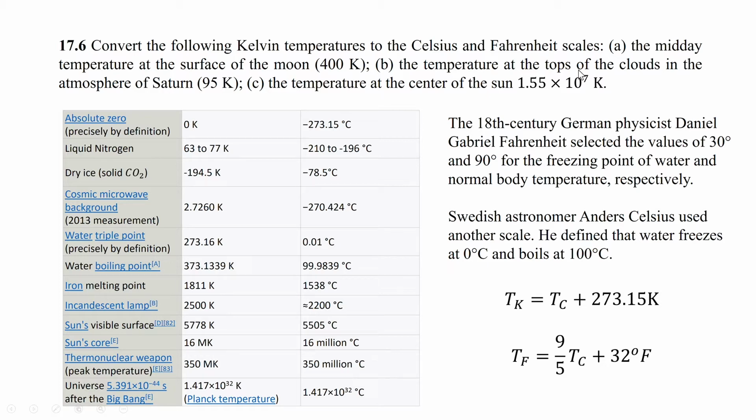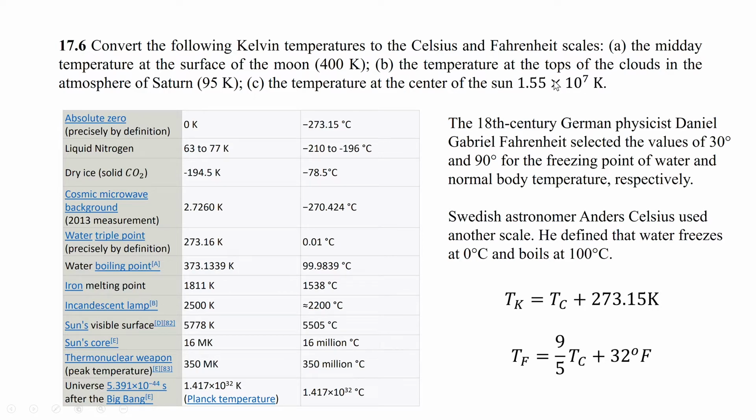And there are three parts. The first part is that we are going to convert 400K to degrees in Celsius and Fahrenheit. The second part is 95, and the third part is this number.